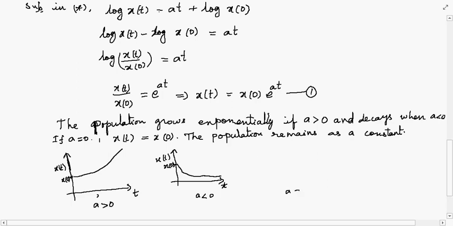Suppose a equal to 0, then this is our x.